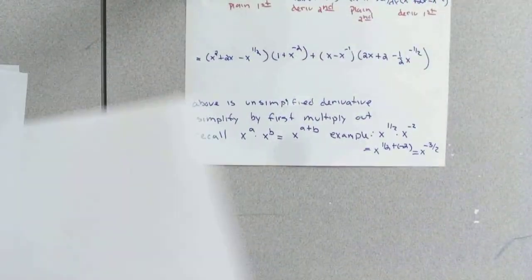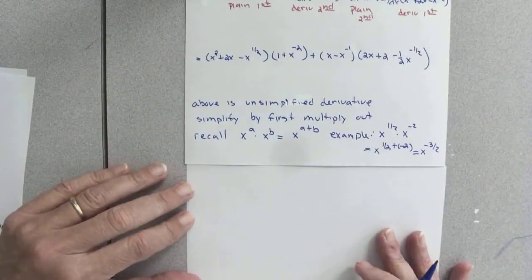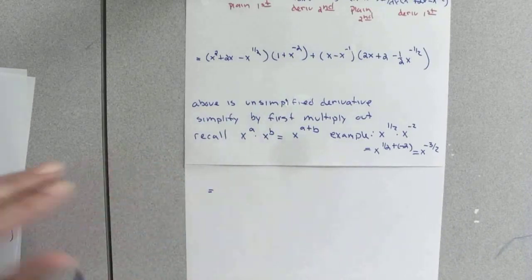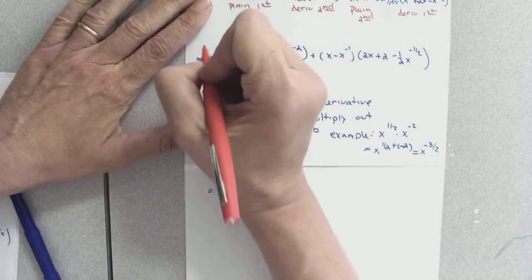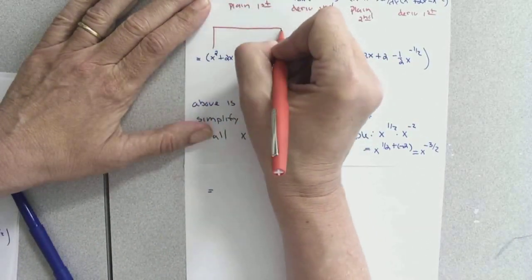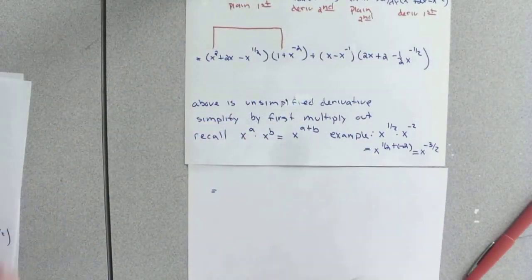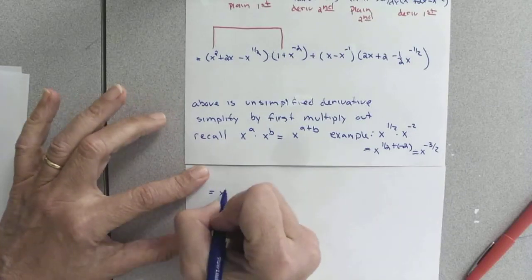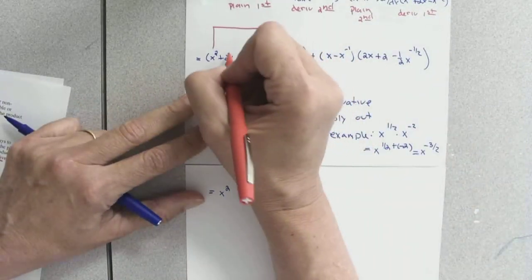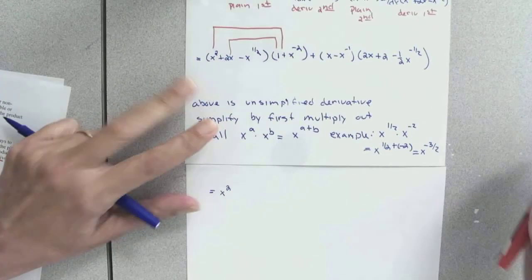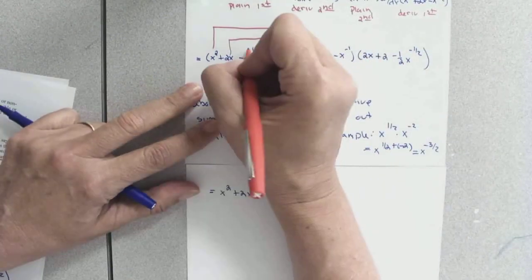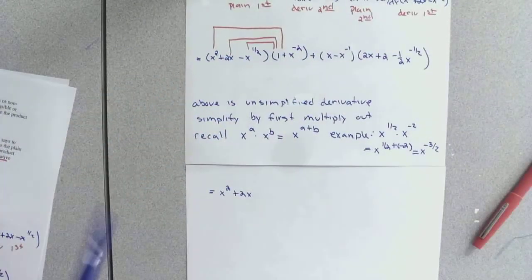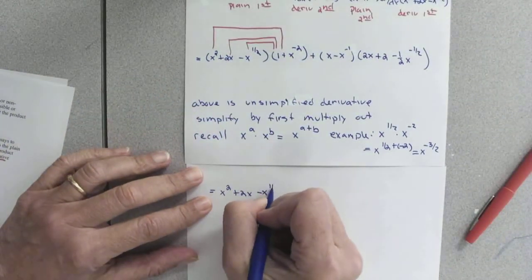Okay, so let's very carefully start multiplying this out, being really careful that you don't screw up any signs or anything like that. Multiplying this first guy here, x squared times 1, x squared. 2x times 1, 2x. x to the 1/2 times 1, minus x to the 1/2.